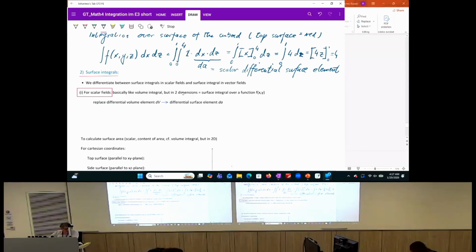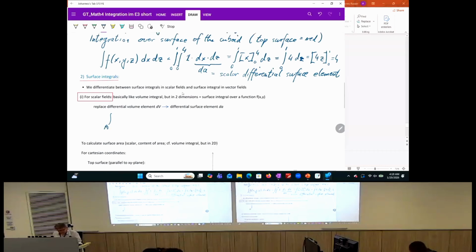This is just what we have done here for the specific example, but to write it in a more general form, instead of going over a volume element, you go over a surface element.